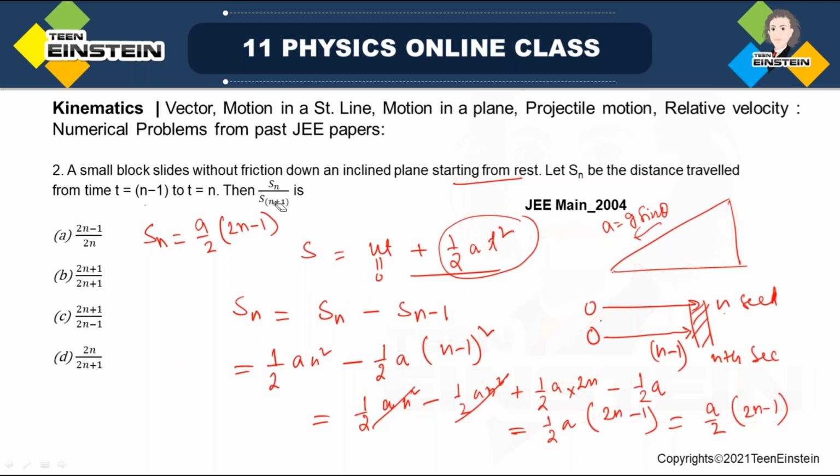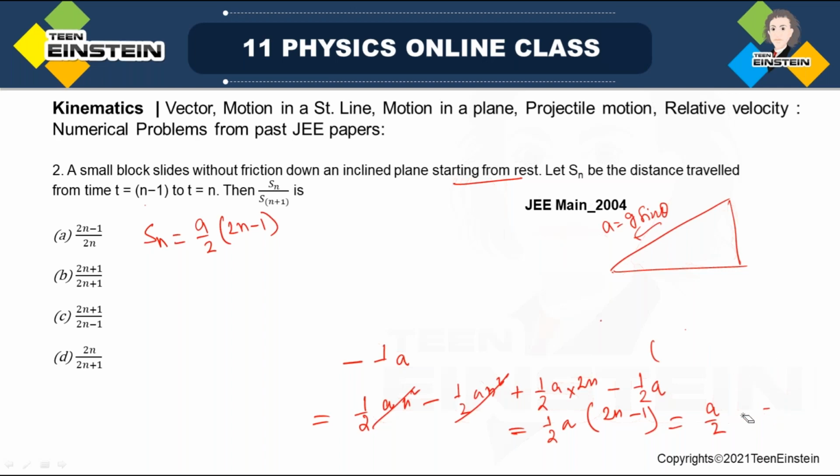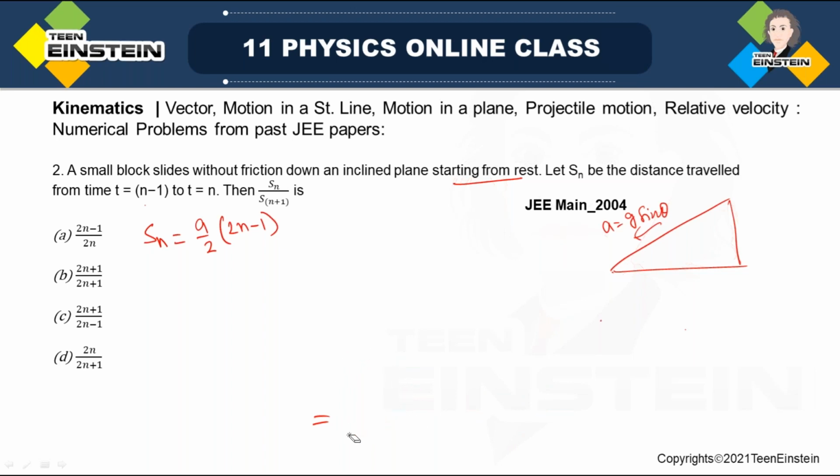And we have to find out Sn plus 1 also. Let me erase this part. So Sn plus 1 means S at n plus 1 minus S at n.